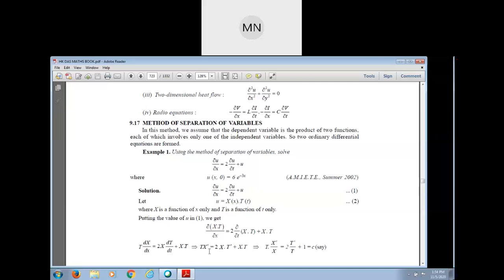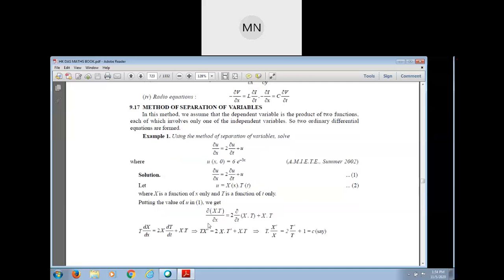And see the next step. Del of X into T divided by del x is the ordinary differential equation, because capital X is a function of small x.